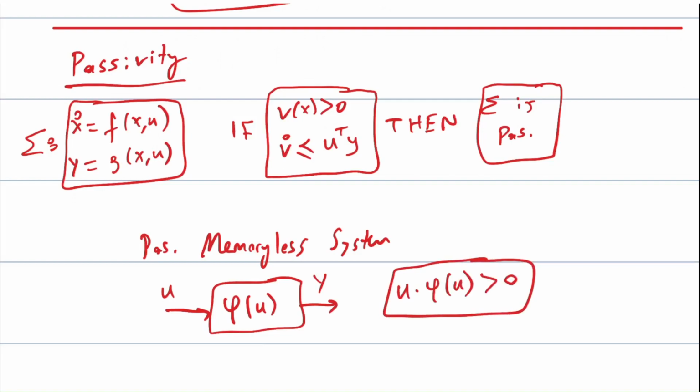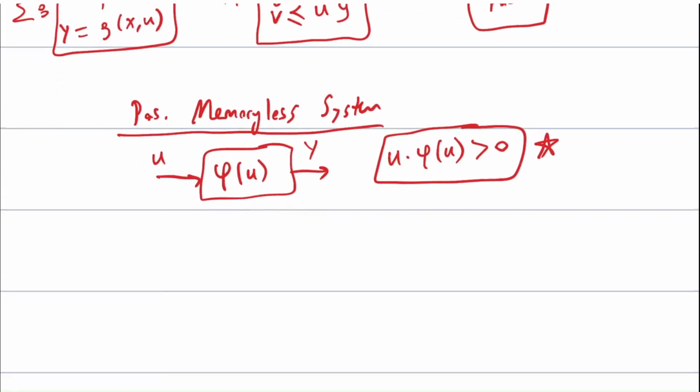What does it mean if your phi has this type of property? You will say that this is a passive memoryless system. What does it mean?